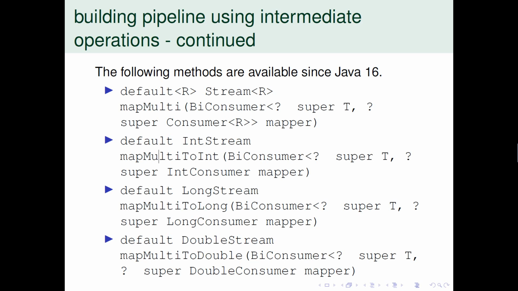For each element you push by calling the accept method on the consumer, those will be the output side of this stream. So the input side is T, but the output side is decided by the elements you gave to that consumer when you write the BiConsumer.